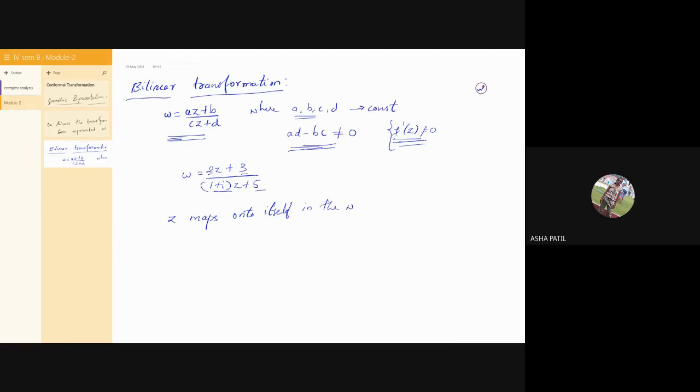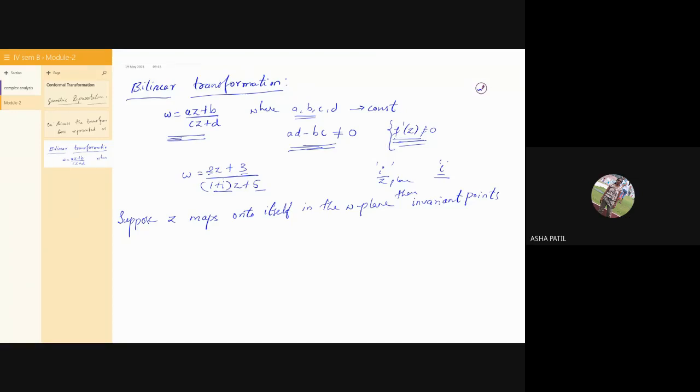That is, suppose you take a point i in the z plane, and it maps onto again i in the w plane, then we call such points invariant points. Z maps onto itself in the w plane, such points are called invariant points.